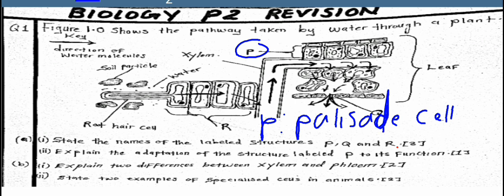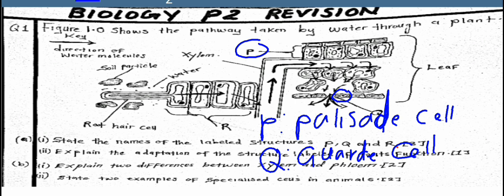Then when it comes to Q, okay, Q is this one here, this cell here. So Q is called the guard cell. And usually the guard cells are located around the stoma or stomata.